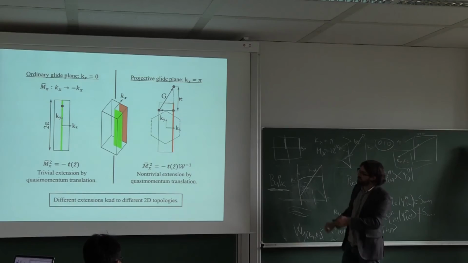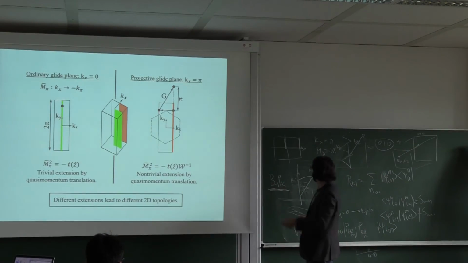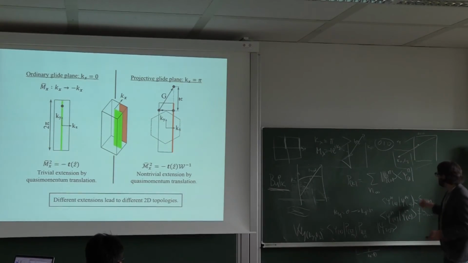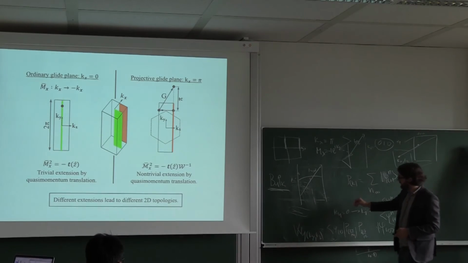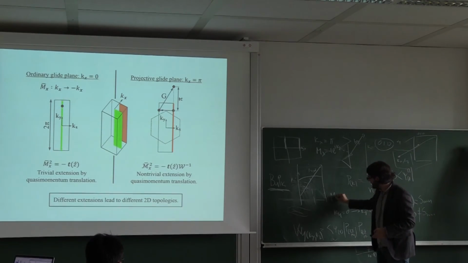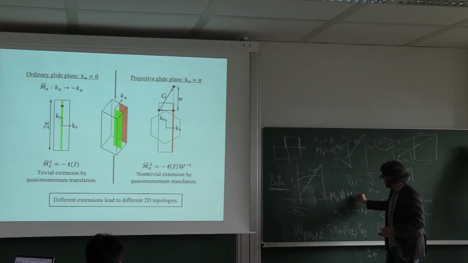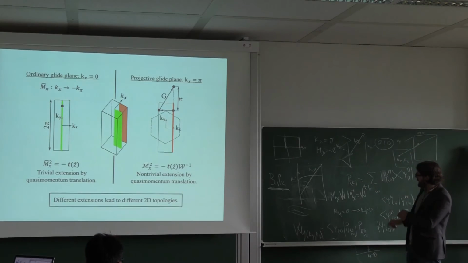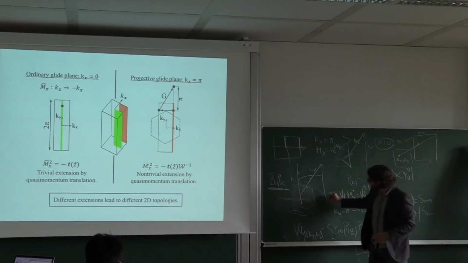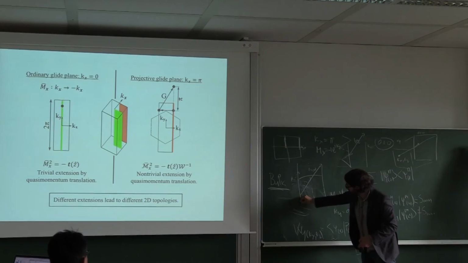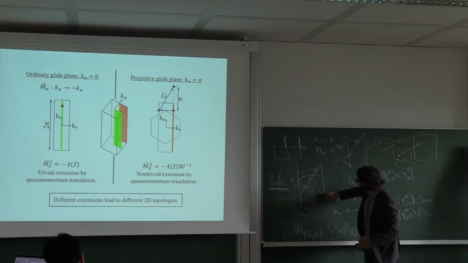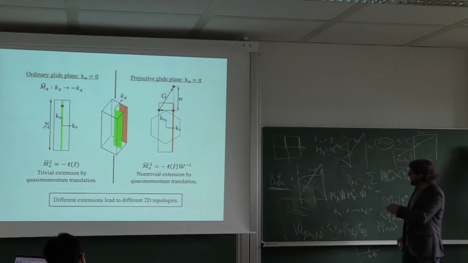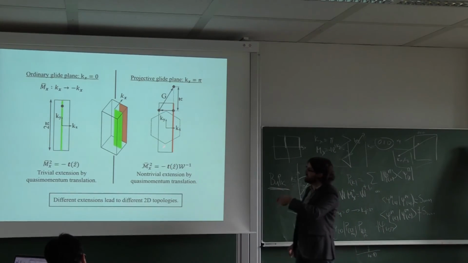My vector b2, which is the reciprocal unit vector, doesn't translate me back to the same point. It shifts me up. And because it shifts me up, I cannot write something that looks like mirror x Wilson loop mirror x to the minus 1 is equal to Wilson loop plus or minus 1. I can't do this because once this Wilson loop was started here, when I go here by mirror and translate, this starting point has been translated. So it would seem that this plane does not have a Wilson group, but that's wrong.